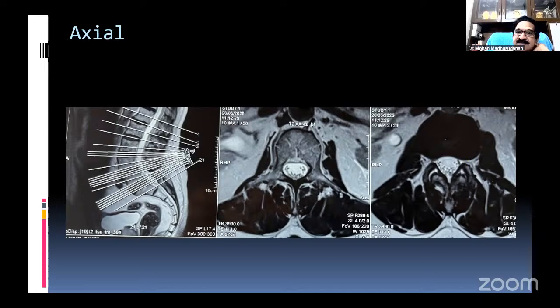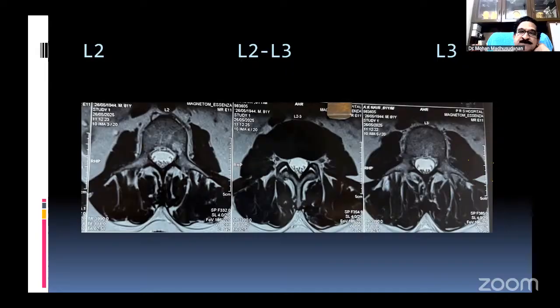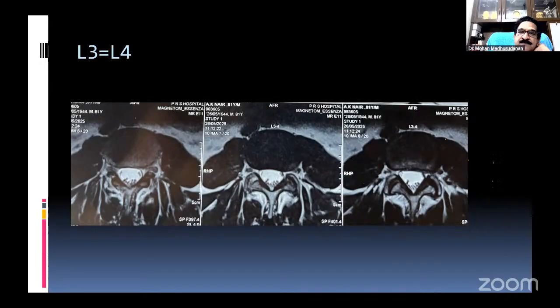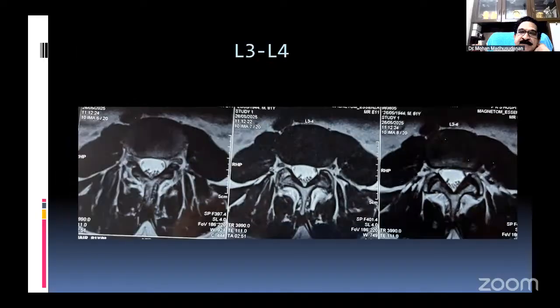So this is the axial cut. Actually, one by one, L1, L2, L3, and L3, L3, L4. Again, since it is a thin cut, I'm showing many cuts at the same level.